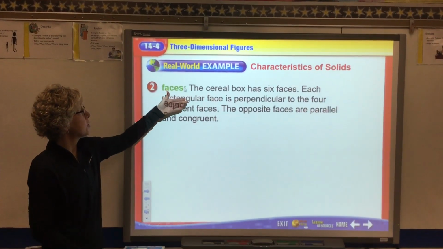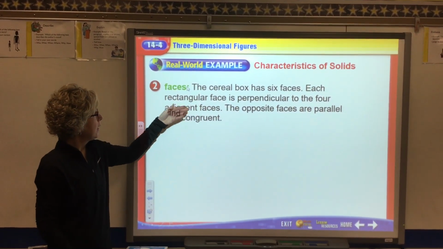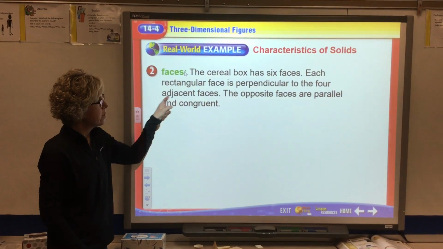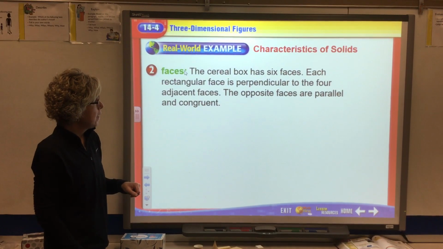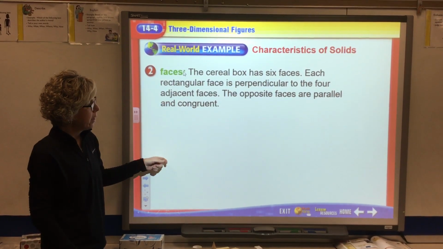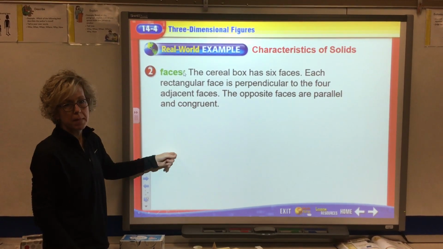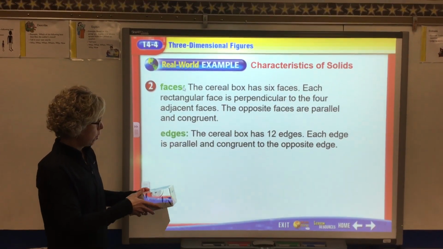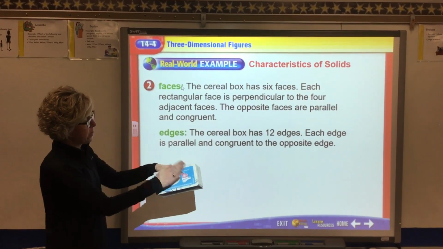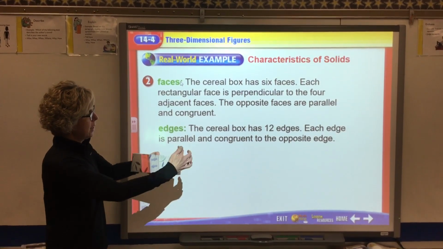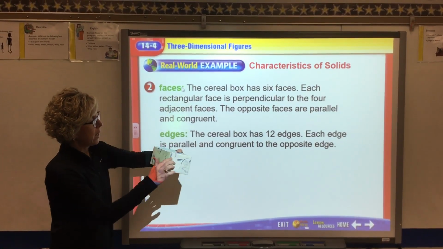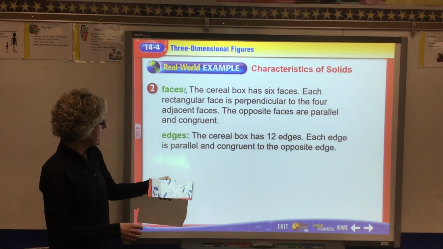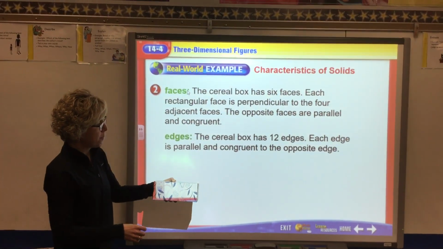As we said, the cereal box has 6 faces. Each rectangular face is perpendicular to the 4 adjacent, or next to, faces, and the opposite faces are parallel and congruent. Congruent meaning the same. Remember this is our face, and then these are our edges. The cereal box has 12 edges. Each edge is parallel and congruent to the opposite edge.